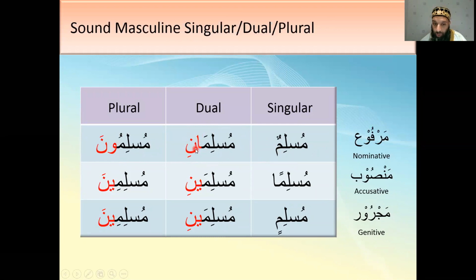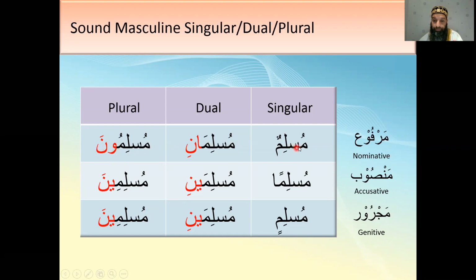You get an alif and a noon. This one in red is the template you need to learn. Then you can get another word and make a dual of it by yourself, if you know ani is dual. And Muslimuna, the waw and the noon added with the fatha, that is plural. So a waw and a noon at the end of a word makes it plural.